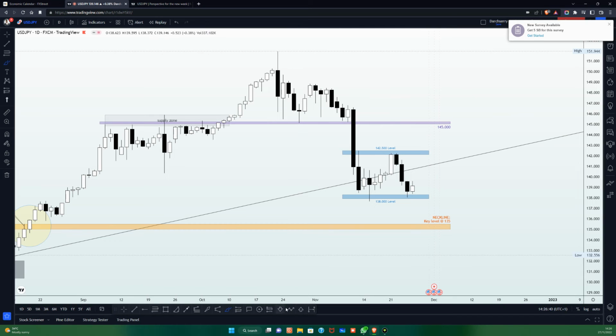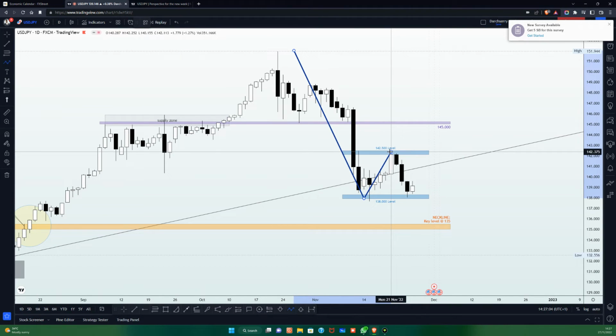So the first scenario that we might be looking forward to is a situation where the 138 Japanese yen level will be serving as a demand zone that will push price to the upside. What we are going to be expecting from a technical standpoint is that following this impulsive move to the downside, and as you can see here in the last 2 weeks, we have been witnessing buying pressure from that level.